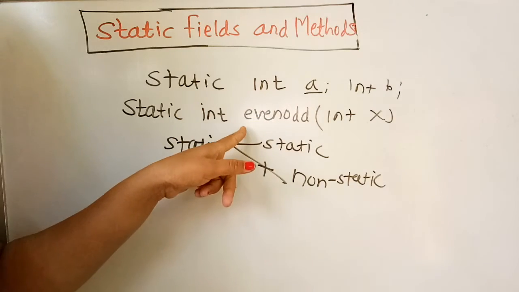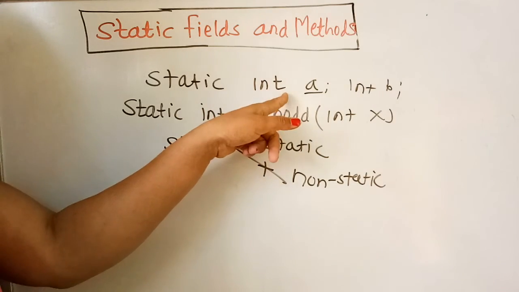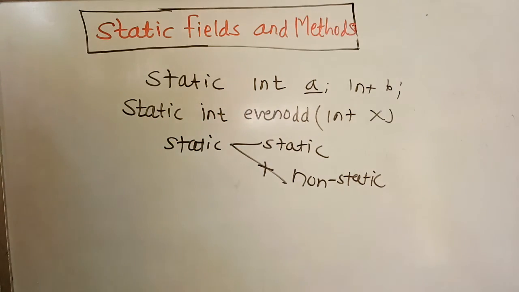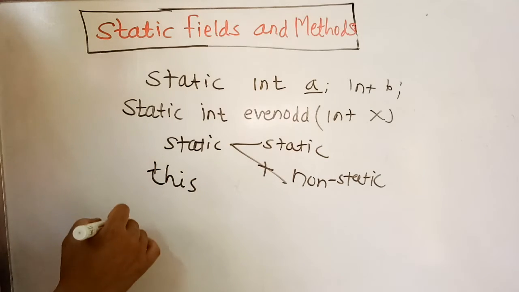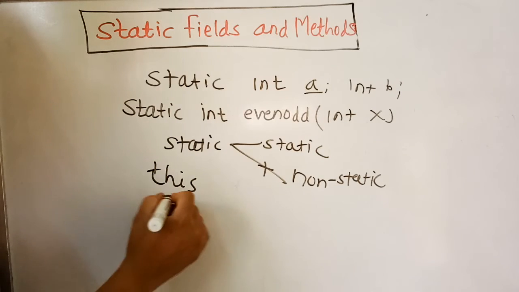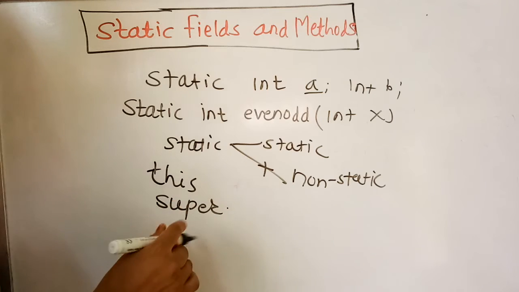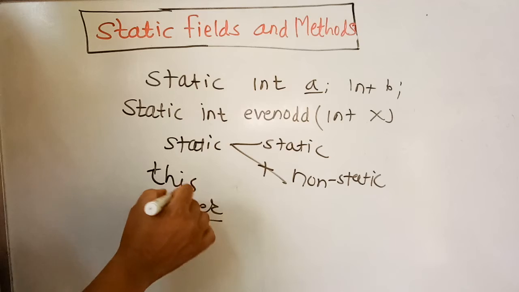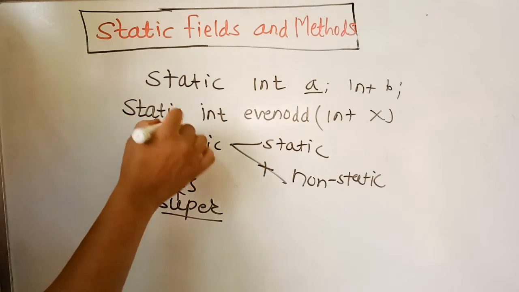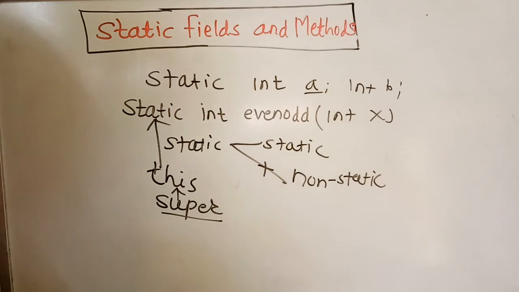Static members can only access static fields or static methods. Another restriction is that they cannot refer to this or super in any way. We have seen this in the last few videos, and super we have seen in the 7th chapter, the super keyword, and these are not allowed in the static mechanism.